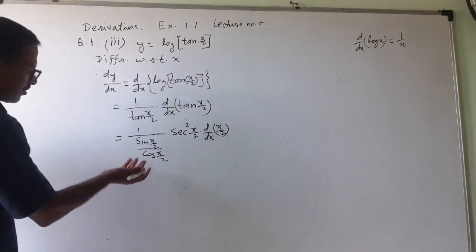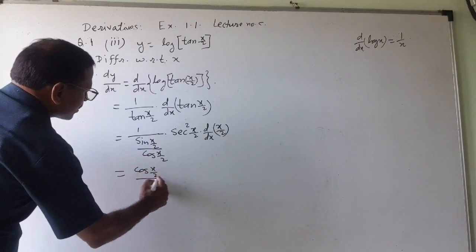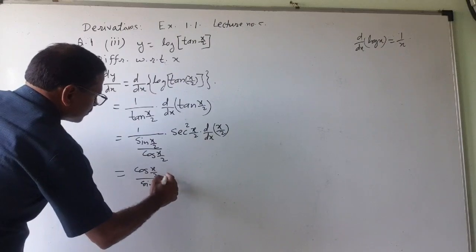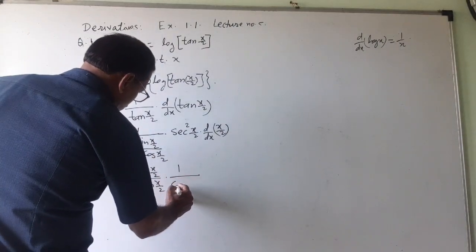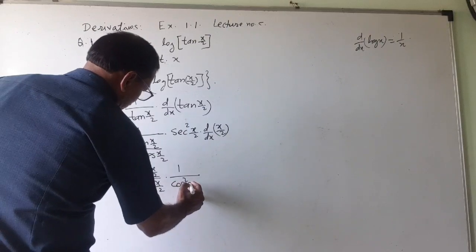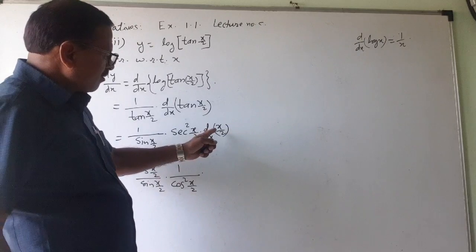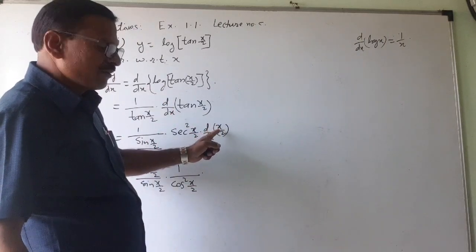So that is equal to, this will become cos x by 2 upon sine x by 2 into sec, which means 1 upon cos. So cos square x by 2 into the derivative of this. 1 upon 2 is the coefficient. We are not going to take the derivative of 1 upon 2.